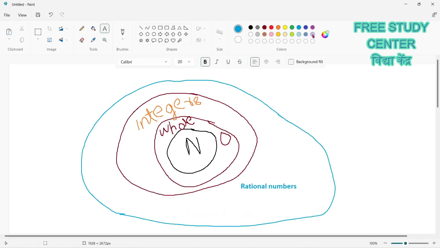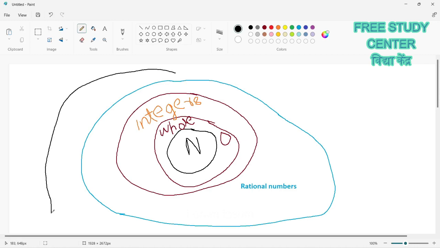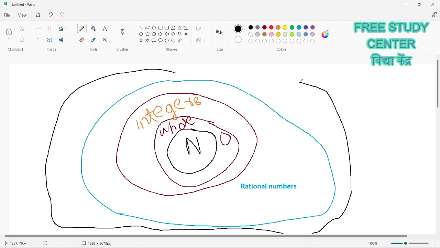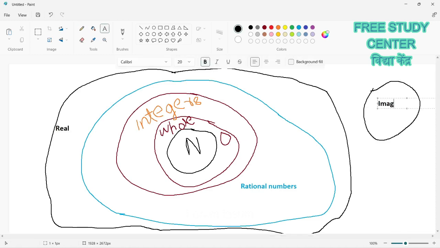If we add the negatives of those natural numbers to this list, then we get the integers, and if we find those numbers which can be represented as rational numbers, we get the rational numbers. If we put together rational and irrational numbers, then we get the real numbers. And let's say this is your imaginary number.